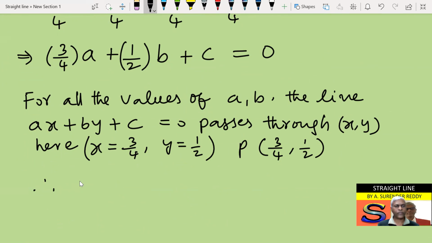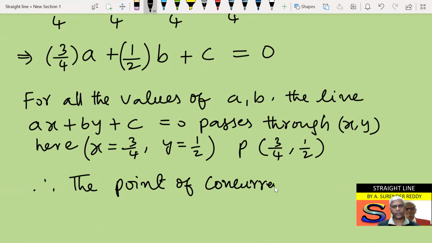So therefore, the point of concurrency is 3 by 4, 1 by 2. So this is the point of concurrency.